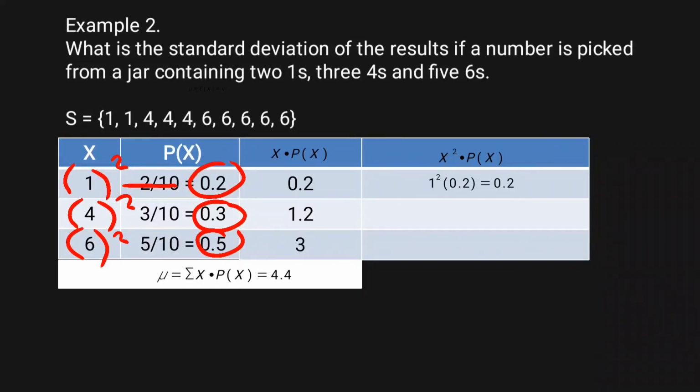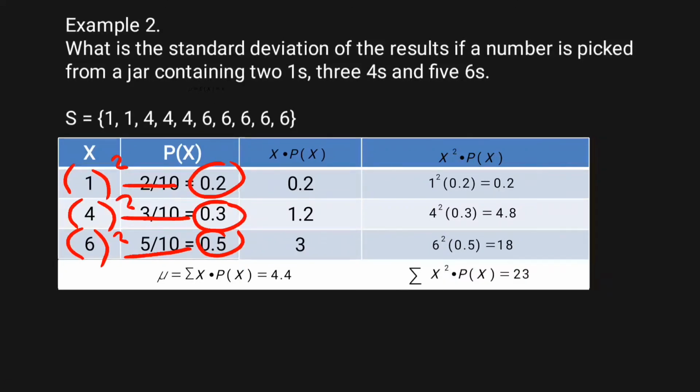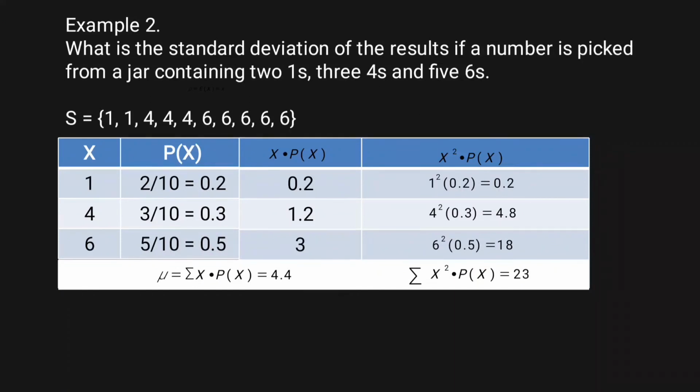Then 4 squared, that is 16, times 0.3 will give us 4.8. Then 6 squared times 0.5 equals 18. Now get the sum: 0.2 plus 4.8 plus 18. The answer is 23.